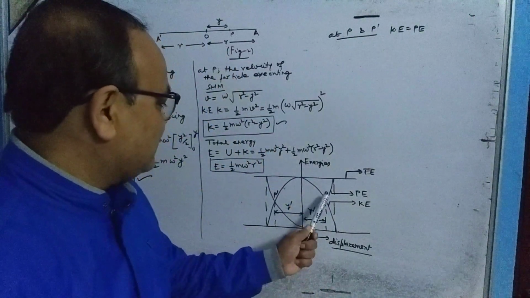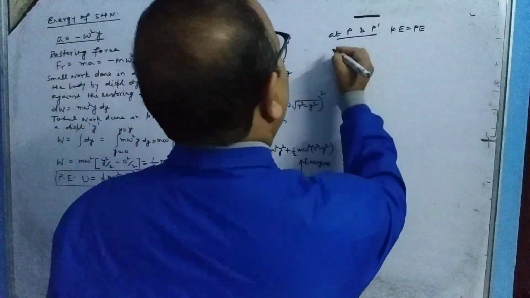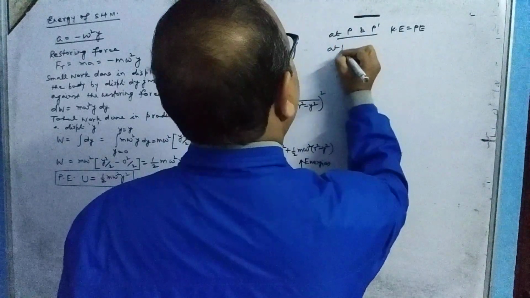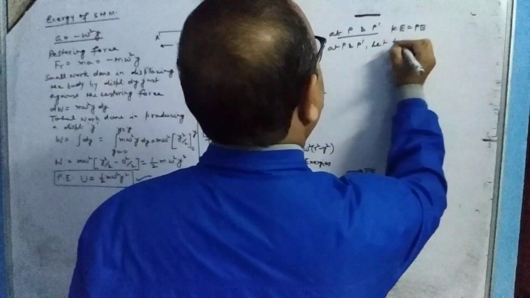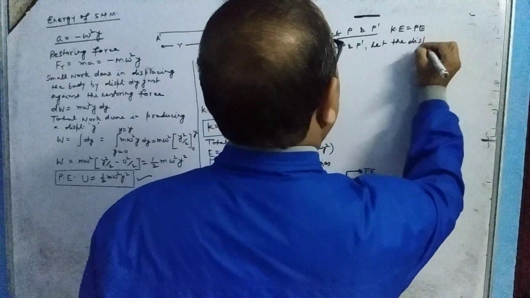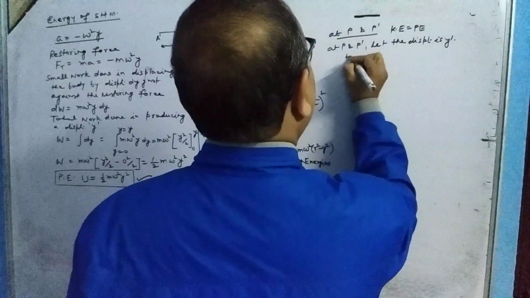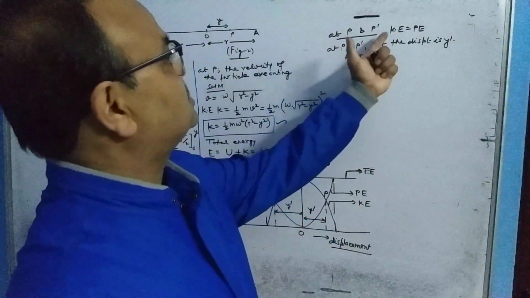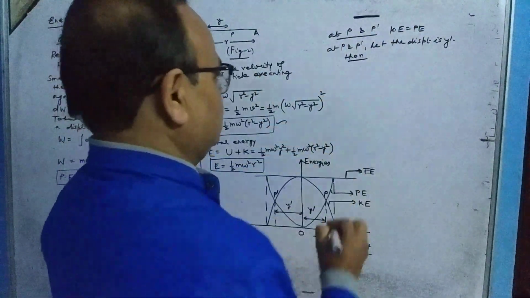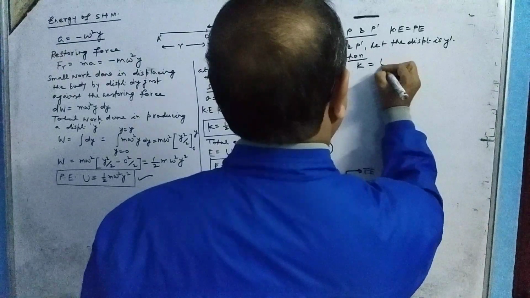So suppose at P and P dash the displacement is y dash. Then what we can say? In this case, kinetic energy is equal to the potential energy. So K should be equal to U.